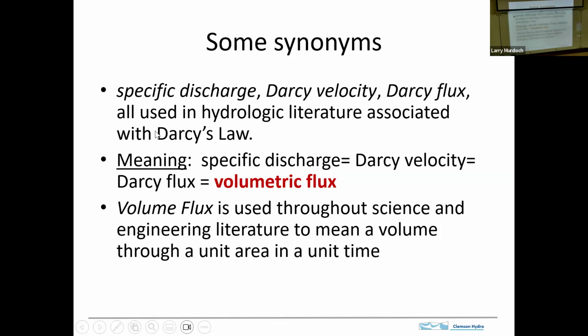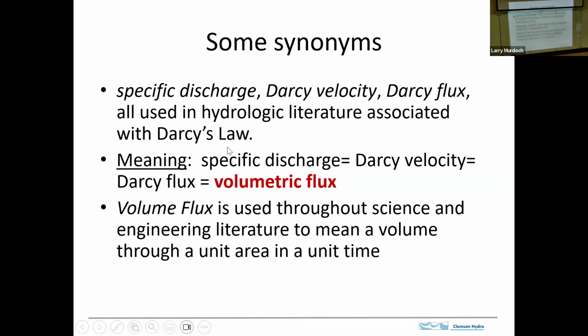Okay, so these are some synonyms for the flux of water, flux through a porous media. For this class, I'm always going to use the term volumetric flux.